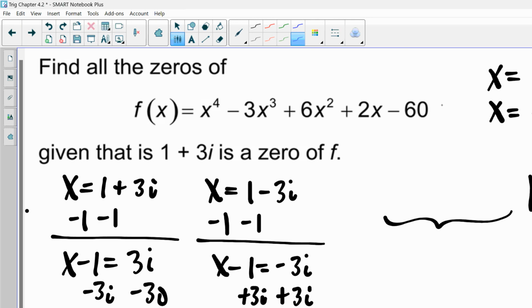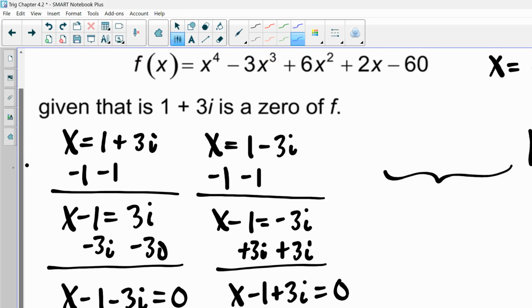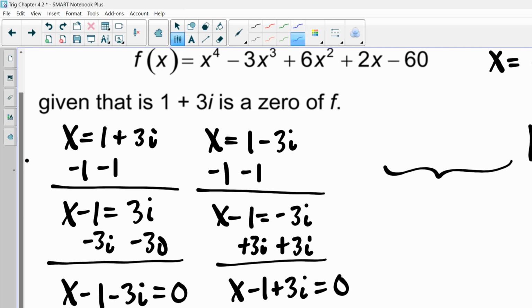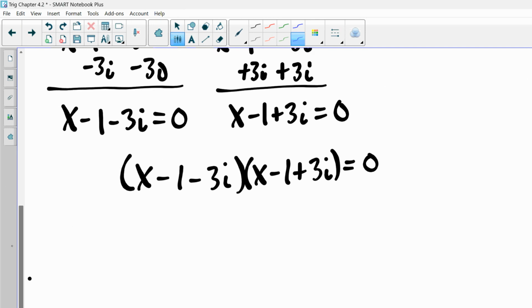Anytime we do long division or synthetic division, we reduce the degree of the polynomial by the degree of what we're dividing by. Here, when we multiply these 2 back together, we would have a degree 2, which would reduce our quartic equation down to a quadratic, and we can either factor it or use the quadratic formula to solve from there. That is big with higher degree polynomial functions, finding enough solutions to either get all of them or at least get it down to a quadratic. Because if we can do that, we can use the quadratic formula to solve from there.